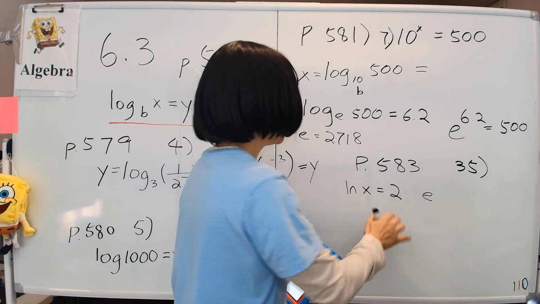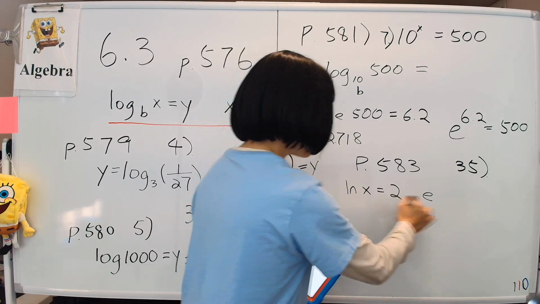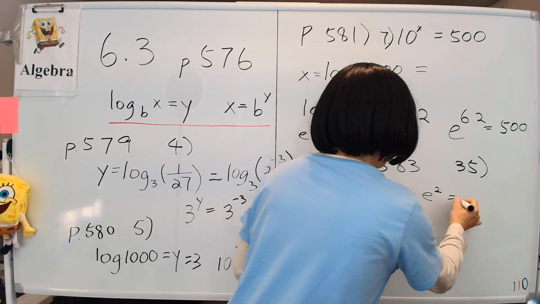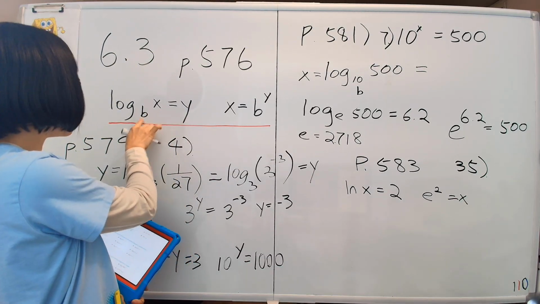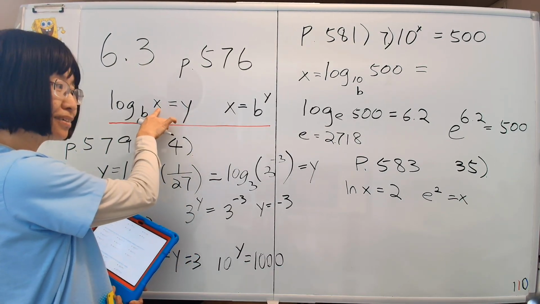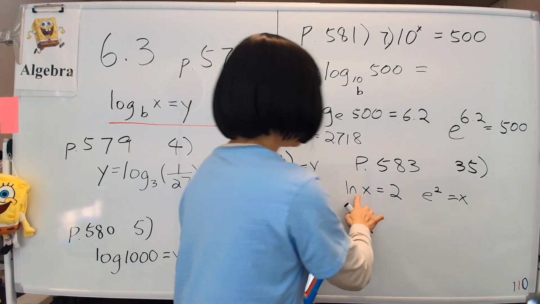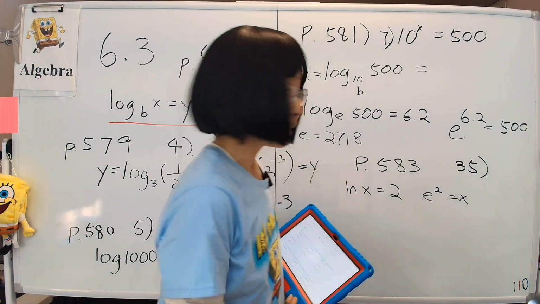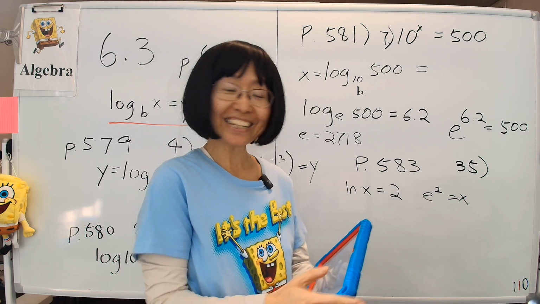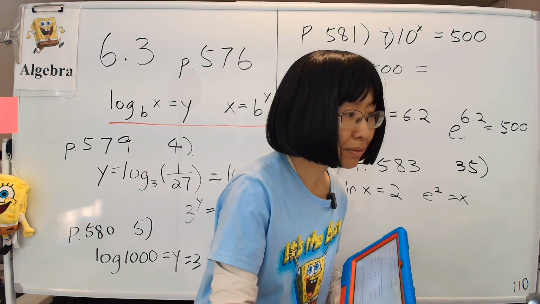It's like pi. So e raised to the power 2 is equal to x. That's following this definition. Base raised to what it equals is equal to that thing. So e raised to the power 2 equals x. That's the answer. Piece of cake, right? So next, let's look at the next problem.